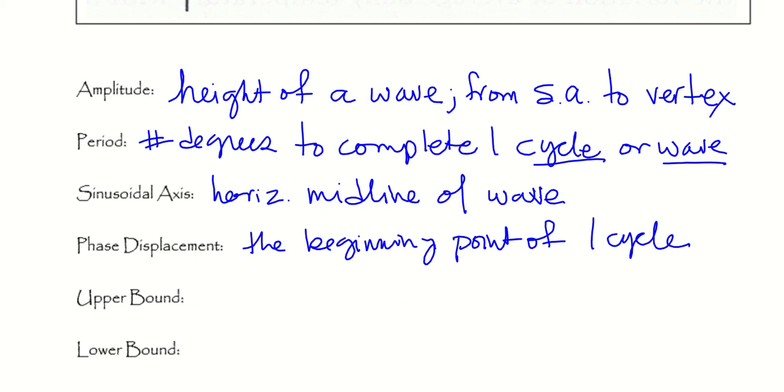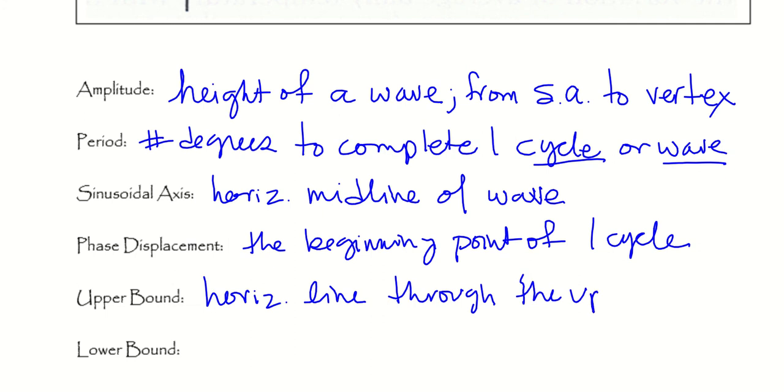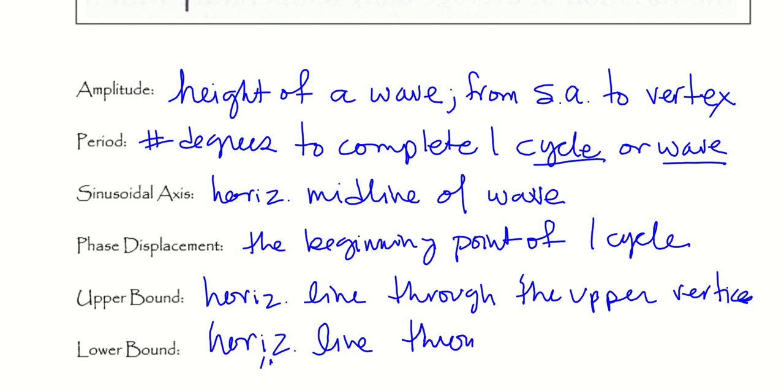The upper bound is a horizontal line through the upper vertices, so the high points of the wave. And the lower bound is a horizontal line through the lower vertices, or the low points of those waves.